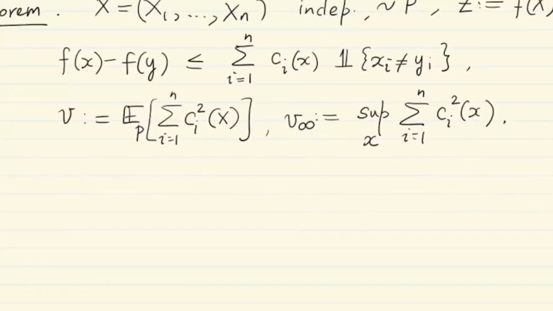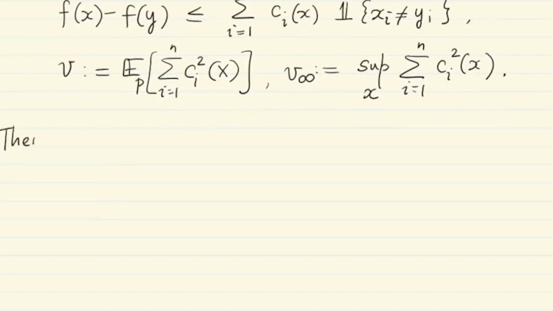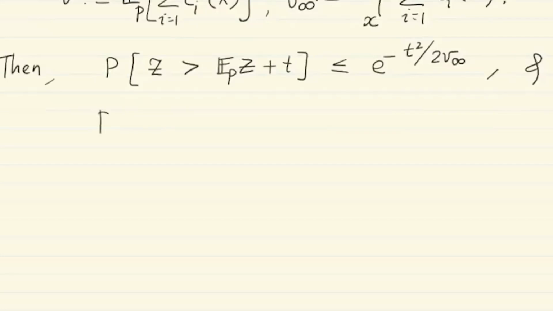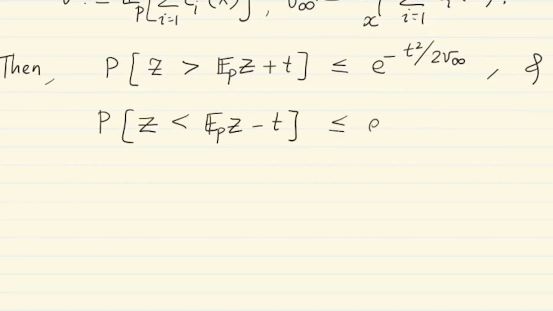and the result of the theorem is that under the P measure, the measure of the independent xi's, the probability that z exceeds EP z plus t is at most e raised to minus t square by 2 v infinity, and on the lower tail side, on the left tail side, the probability that z is less than expected value of z minus t is at most e raised to minus t square by 2 v, which is a much lesser sub-Gaussianity constant than v infinity in many cases, and this holds for all t positive.